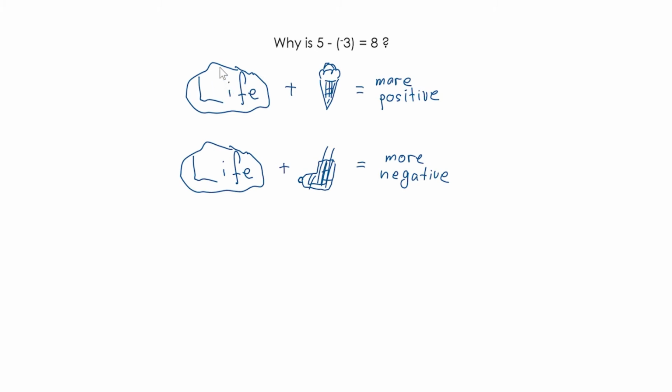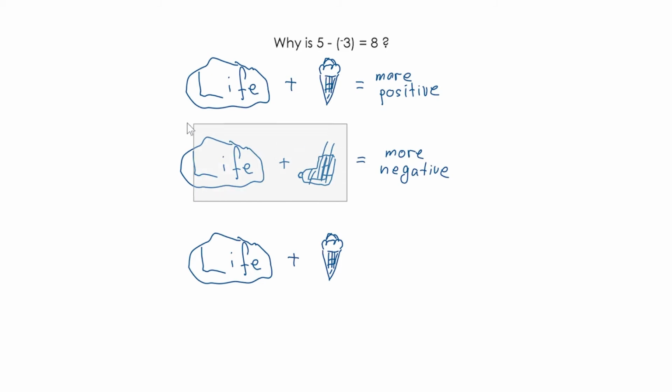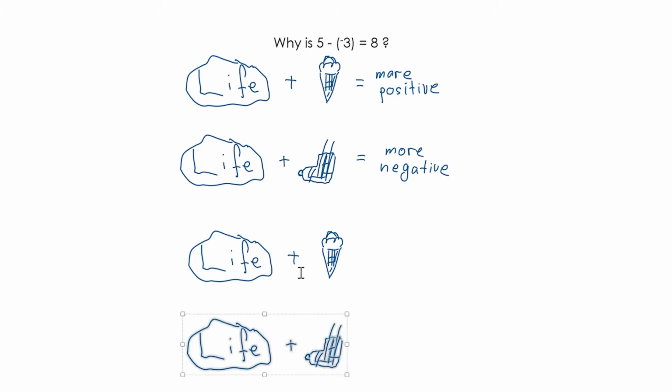So if you now want to take away the same things, let's see what will happen. I'm taking the same life and the same ice cream, and the same life and the same cast. And now instead of adding it, I will take them away. So we take away an ice cream from your life, and of course it will become more negative, because you remove something positive from it.